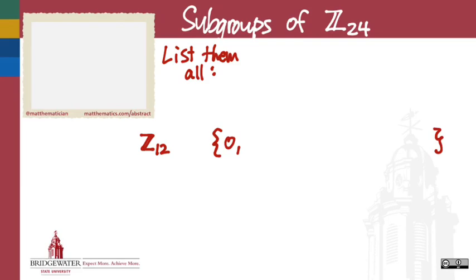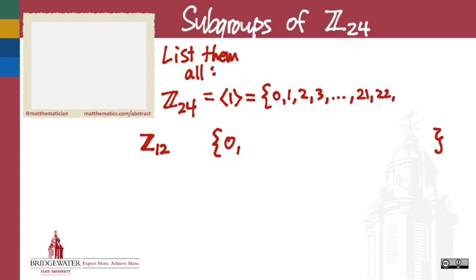And therefore, since 1 is a generator of Z24, I can't have 1 without also having every single element of Z24. So that's actually an important subgroup, right? The whole group is, in fact, a subgroup. The cyclic subgroup generated by 1 would have all the elements 0 to 23. That's the biggest possible subgroup, right? It's the whole group itself.